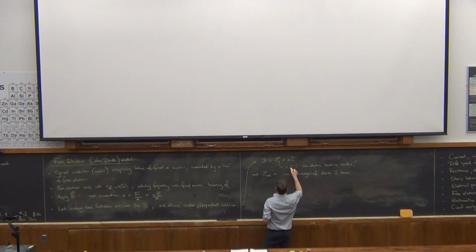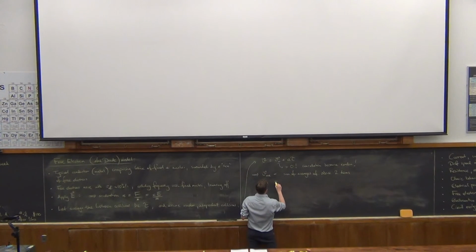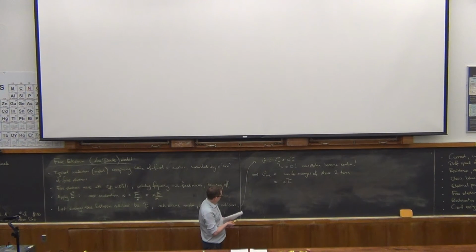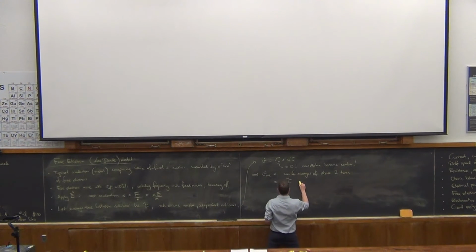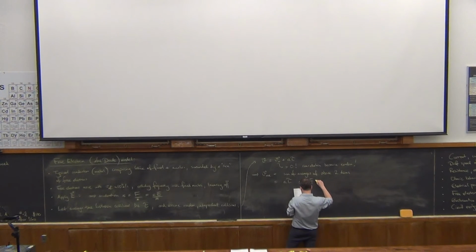So this one we claimed is zero, so in fact this simply tells me that the average velocity is the acceleration times tau. Okay? Alright, so if we've got this, now I'm going to substitute a from over here. So I'm going to write this as e times big E over m times tau.